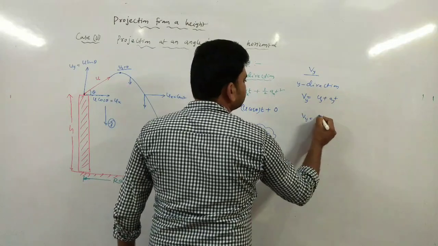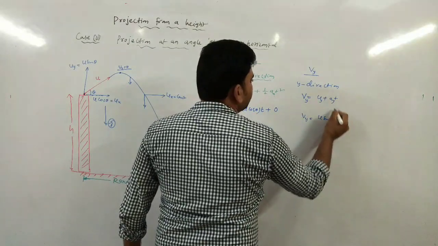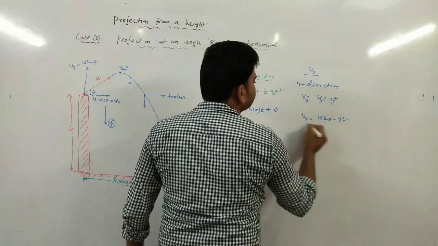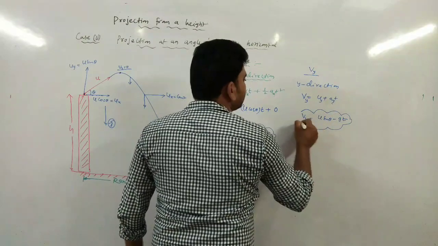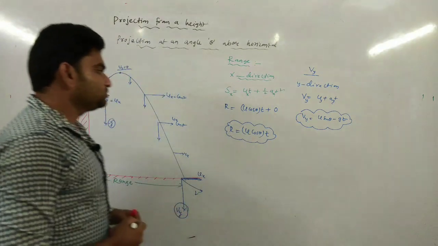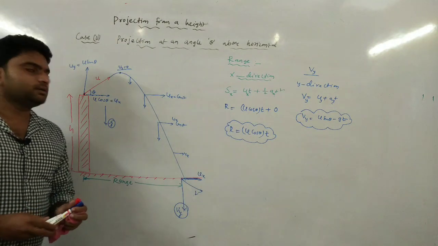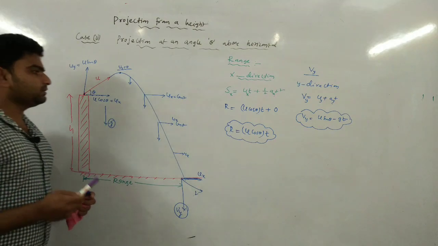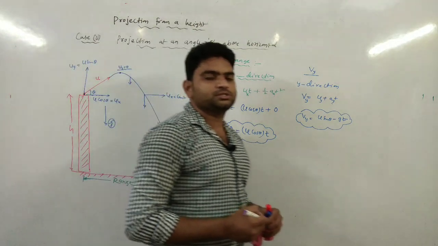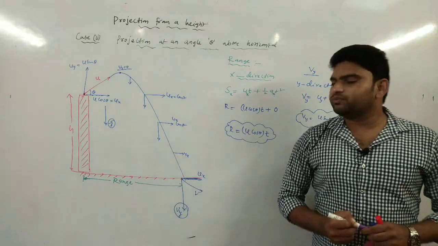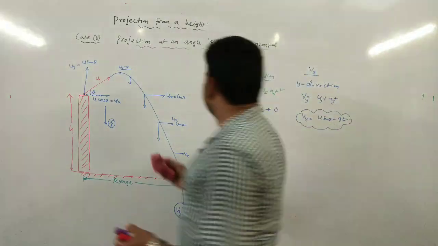Uy is nothing but u sin theta, minus, ay is nothing but minus g, into t. So this is the value of Vy. So these are all the things which I was supposed to calculate, and let us do one problem based on this particular concept, so the concept will be clear to you, right? We'll do one problem.